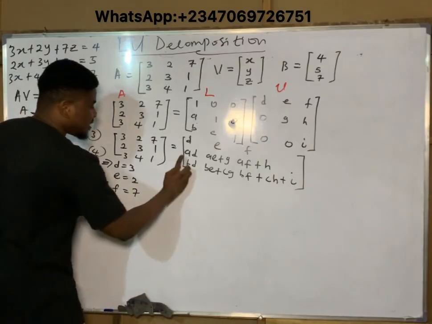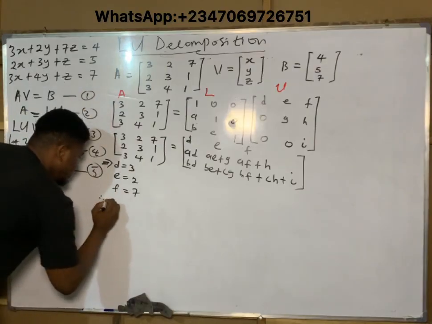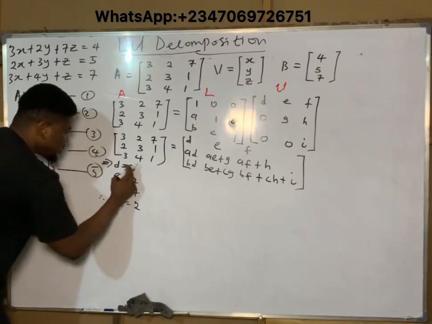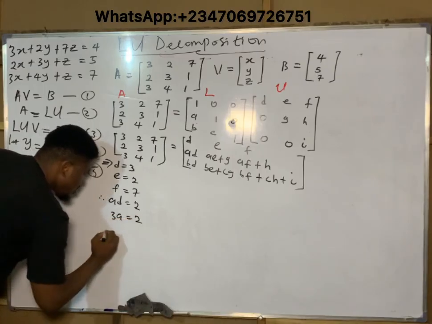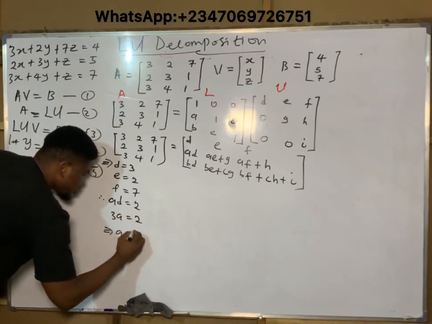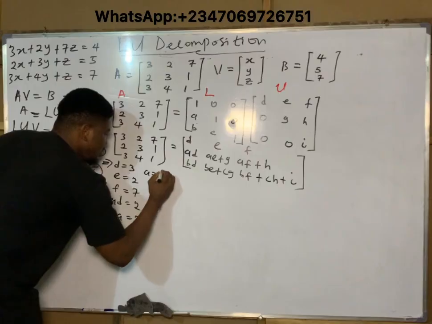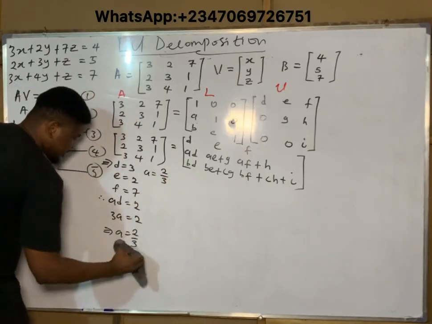Next, we fall back now to AD. That's going to be equal to 2. So therefore, AD equals 2. But we have a value for D. D is 3. So this is actually 3A is equal to 2, which simply implies that A becomes 2 all over 3. So A equals 2 over 3. And you have this. So let's take this off now.